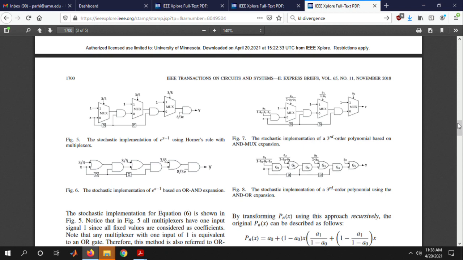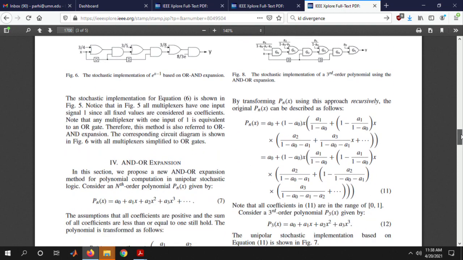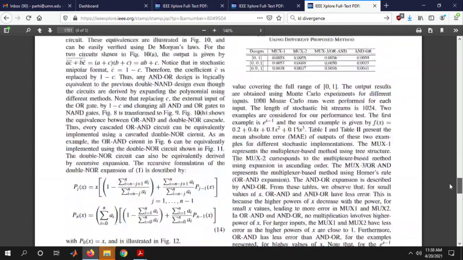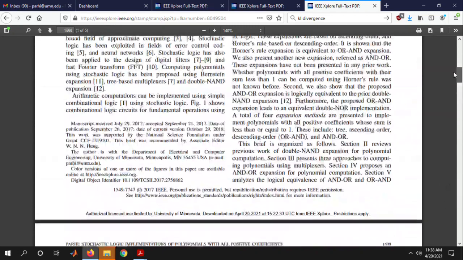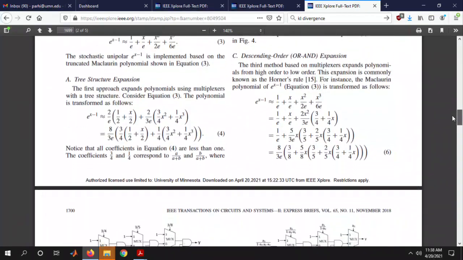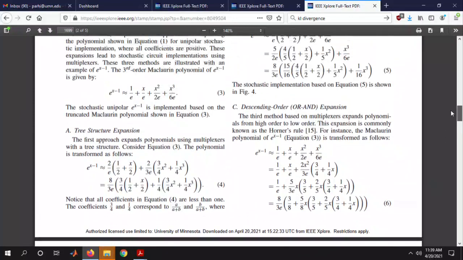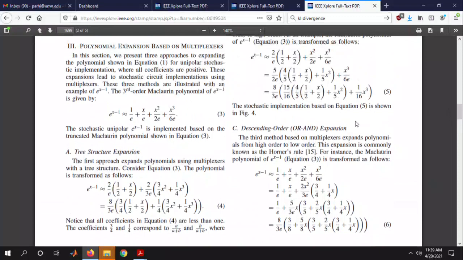For example, figure 5 and figure 6 are showing the same thing, but with 2 different circuits, one obtained by Horner's rule, another by so-called OR and expansion. There is AND or expansion. There are 3 different ways, so I don't need you to read the whole paper, but read at least one method. Maybe read the Horner's rule method, which would be this subsection C.